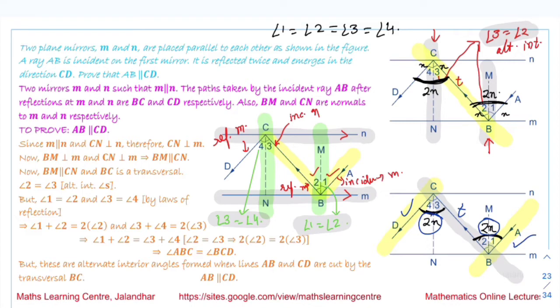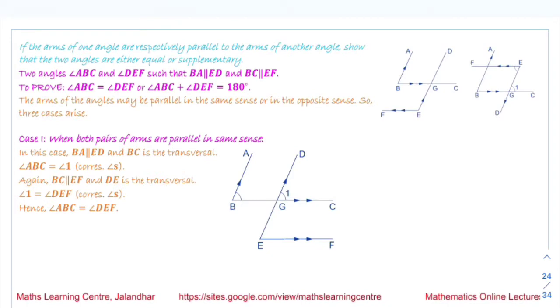In the next question, it is given that if the arms of one angle are respectively parallel to the arms of another angle, then we have to show that the two angles are either equal or supplementary. So we have three cases in which the angles can be arranged.